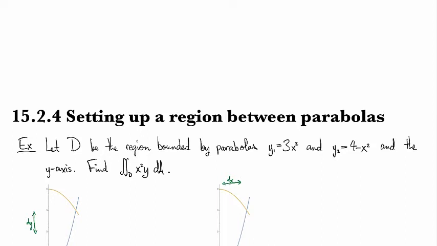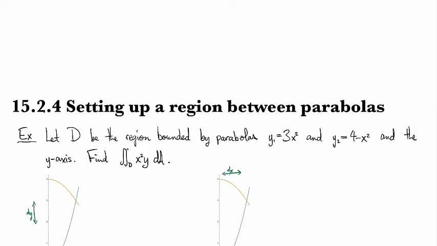Okay, let's see. If we're doing the dy integration first, then we're going to be starting our integration somewhere on this curve right here, and we'll be going vertically up, starting here and ending on this one.